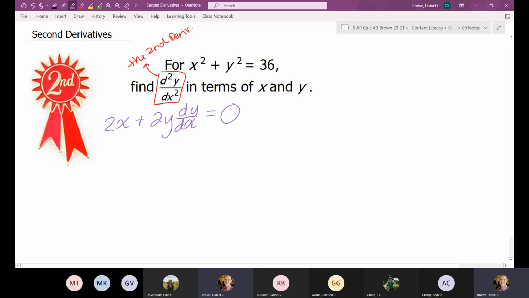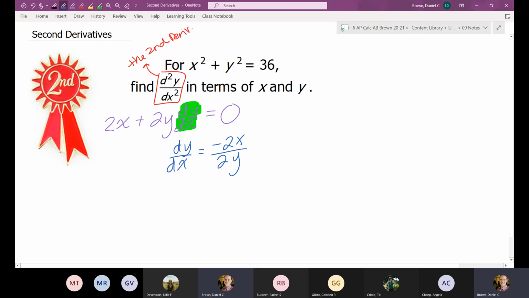So we took the derivative. We do want to find the first derivative before we find the second derivative. Well, what is the first derivative? dy dx is the first derivative. So if I want to solve this for dy dx, I can subtract 2x from both sides and then divide by 2y.